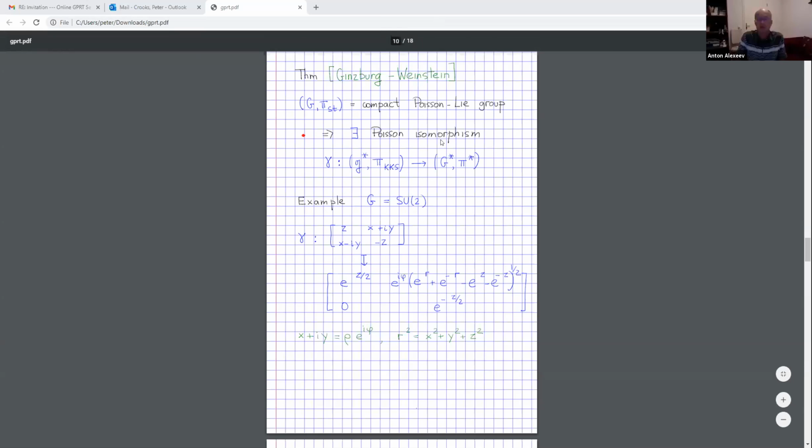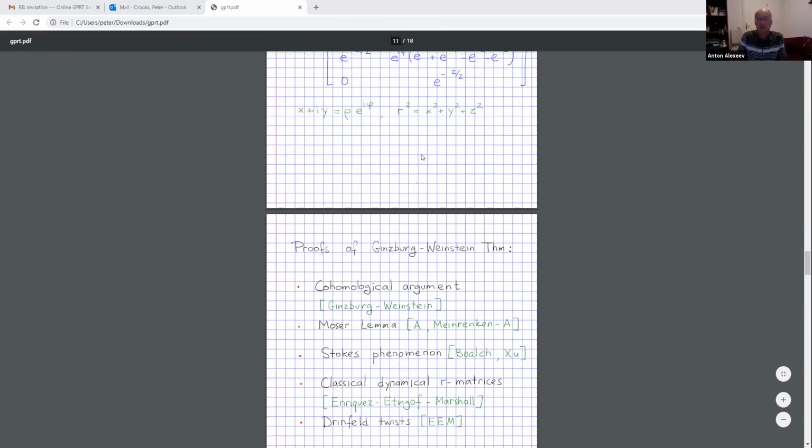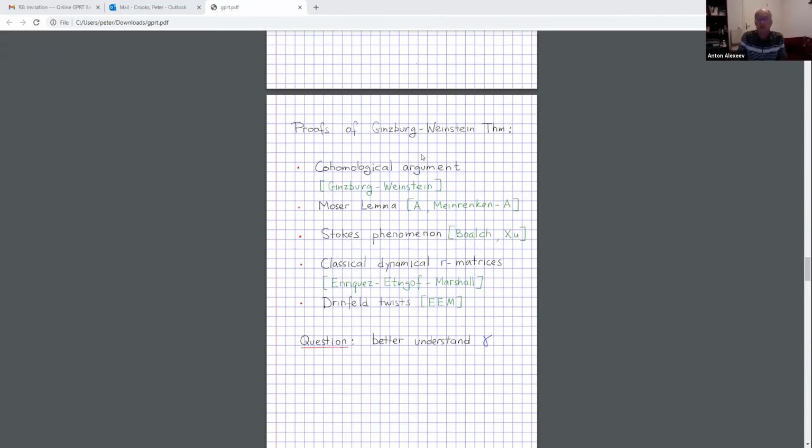Perhaps let's go to the next slide and I'll tell you more about Ginzburg-Weinstein. This theorem has, up to now, several proofs in the literature. Not as many as the Pythagoras theorem, but still quite a number, done with different techniques.